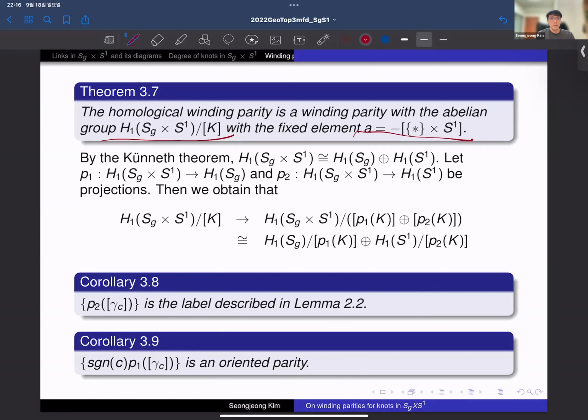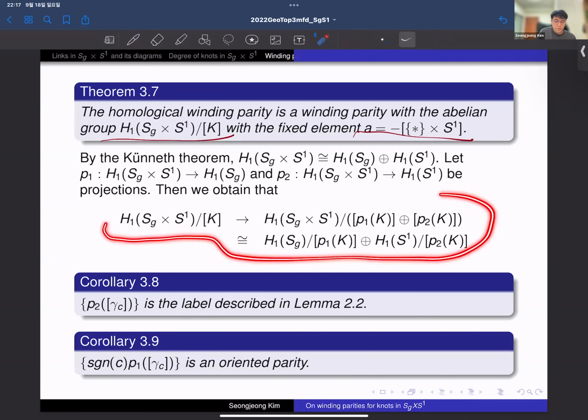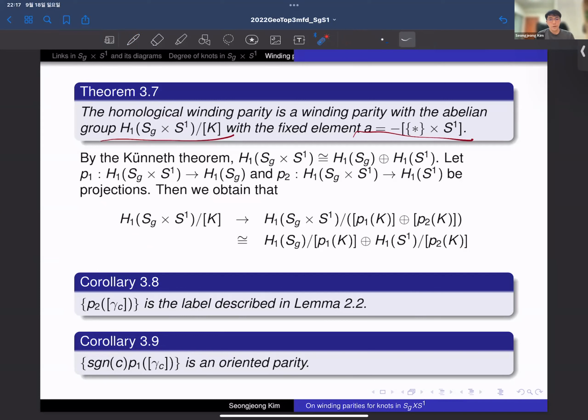Here, one interesting part is that by the Künneth theorem, we get a relation between this abelian group and the direct sum of 2 abelian groups coming from the first homology of the underlying surface and the first homology of S^1. Actually we have a projection map to this direct sum.